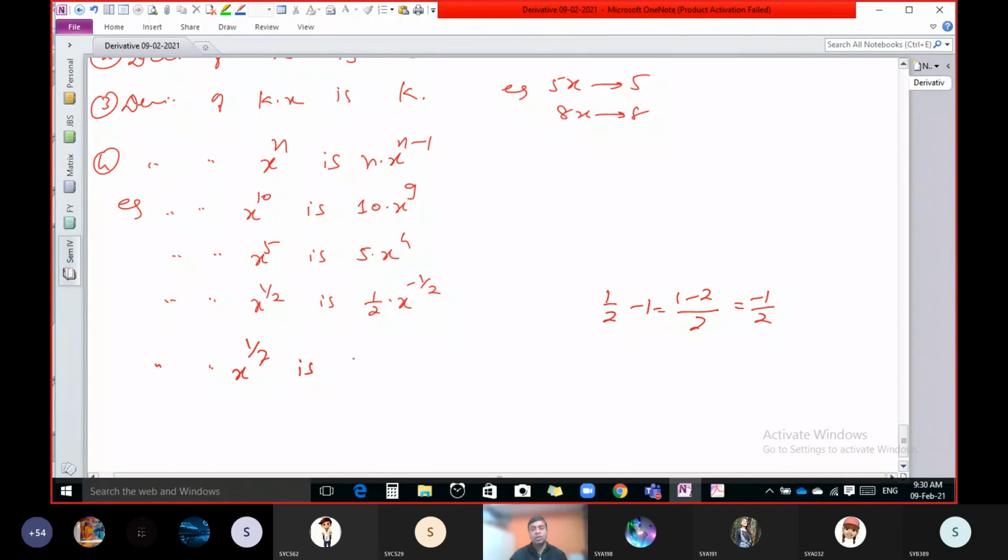What is the derivative of x raised to 1 upon 7? It is 1 upon 7 into x raised to minus 6 upon 7. Correct. Why do we get minus 6 upon 7? 1 upon 7 minus 1. If we take 7 as LCM, we get 1 minus 7 in the numerator. So it is minus 6 upon 7.